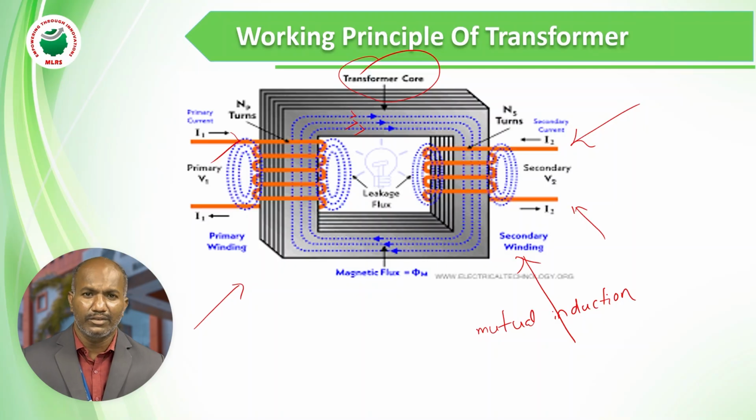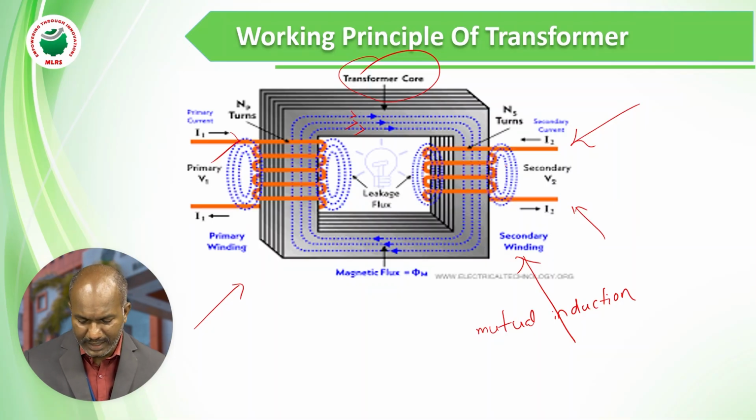According to Faraday's law, whenever there is a change in flux linking with a conductor, EMF is induced, or in other words, voltage. So we are getting some voltage in the secondary coil because of Faraday's law of electromagnetic induction.